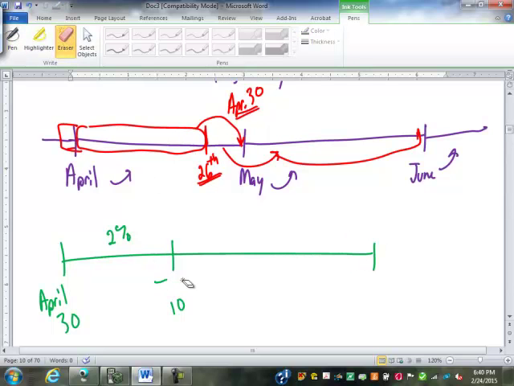I'm sorry. I skipped a month there, didn't I? You are correct. It's May 10th. That's where the 2% discount would end. And then EOM is always implying that it's due by the end of the next month. Sorry about that. And then this would be due on May. What's the last day of May? 31st. So that is due on the last day of that month, May 31st. Because that's when they're coming back to do the books again. They'll take in the new payments and they'll send out the new invoices.